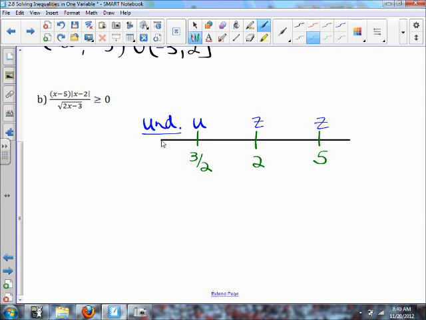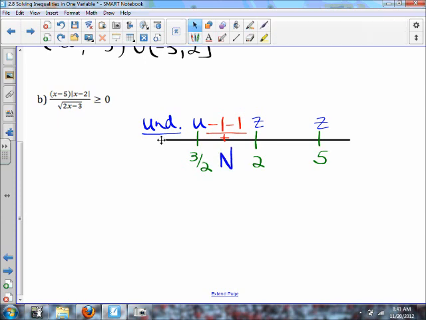A number between 1 1/2 and 2, say 1 3/4, will be negative. The absolute value of a negative, and then the square root of a positive, which means it'll be positive. So really I have a negative times a positive divided by a positive, which will be negative.